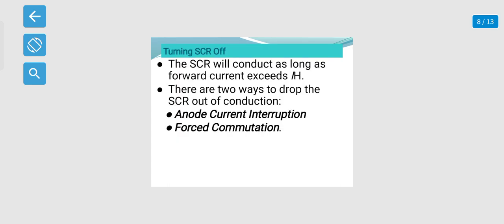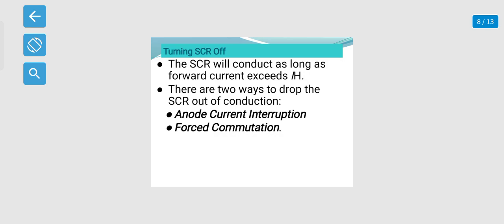Turn off process: once the SCR is turned on, it latches into the on state and acts like a closed switch. The gate terminal loses control over the SCR, that is, even though the gate pulse is removed, the SCR remains in the on state.